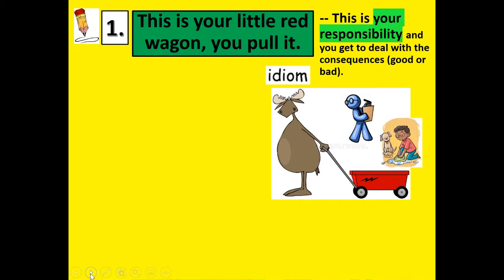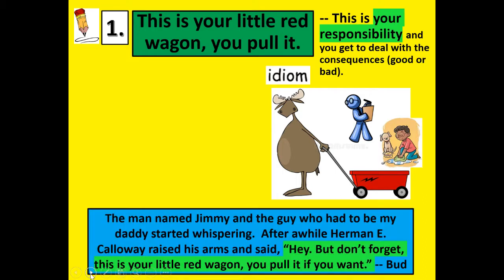And here are some pictures of responsibility, people taking responsibility for good things and bad things, for consequences that are good or bad. So here's the quote with this idiom. The man named Jimmy and the guy who had been my daddy, had to be my daddy, started whispering.